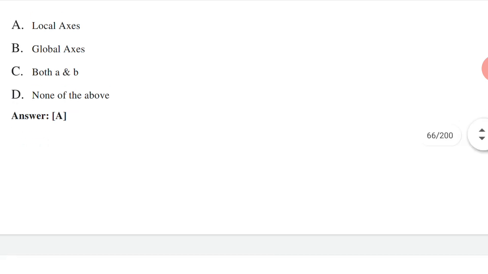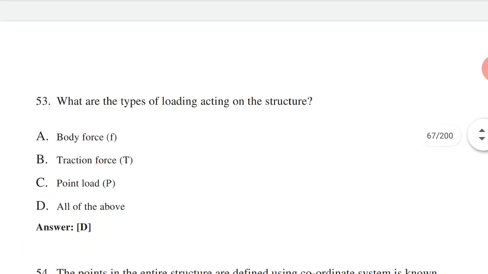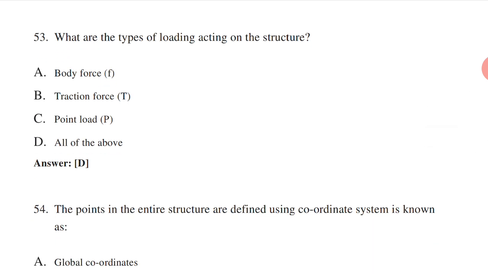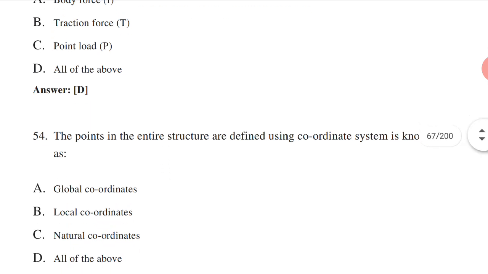And the next question is, what are the types of loading acting on the structure. We know that all these options are correct, because body force, traction force, or point load we can apply on these structures.